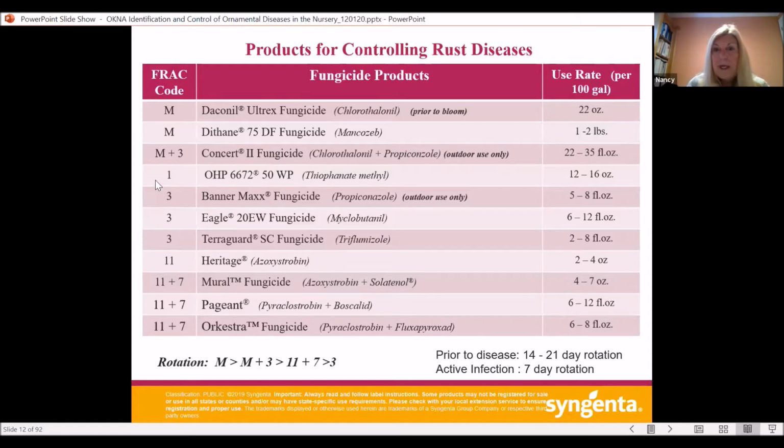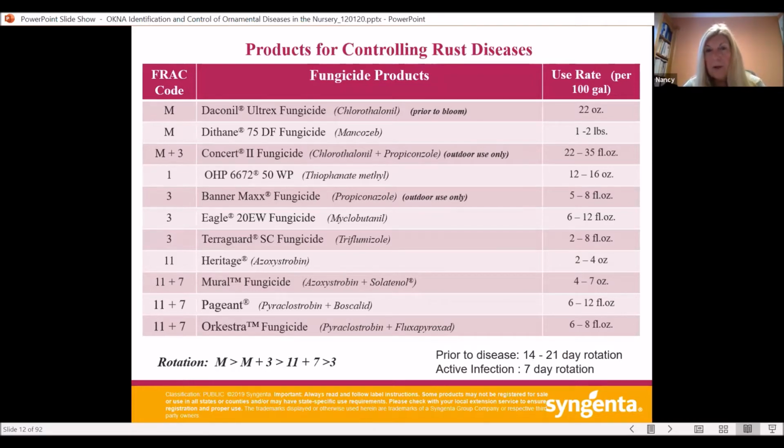You have the group 3s, FRAC group 3. Those typically have very good activity on the rusts. And then the 11 and 7-11 groups are also quite strong on rust. So having a rotation, you may start with something in the M category and then move to maybe a combo, an M+3 or a 7-11, and then back to a 3 in order to have a robust program.